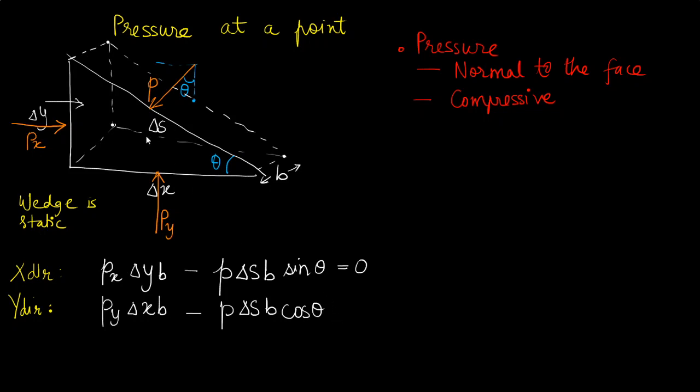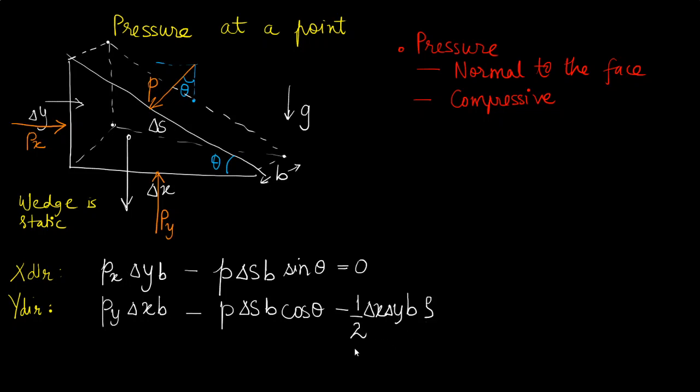And apart from this, we have the gravity of the fluid element acting downwards, because we assume that g is acting in this direction. So this will be minus half delta x delta y times b times rho.